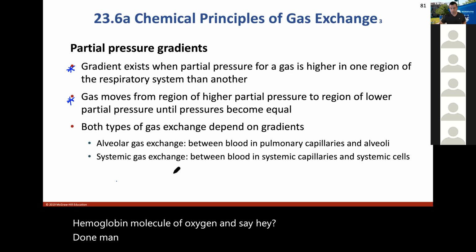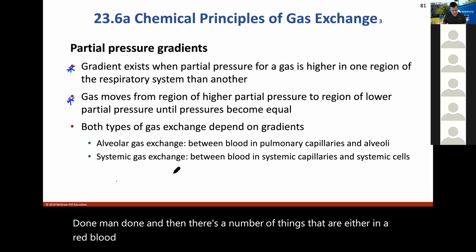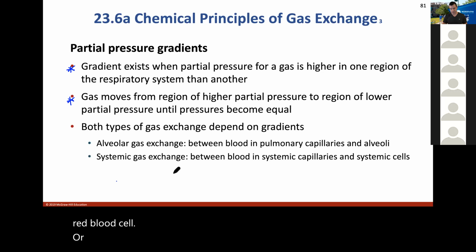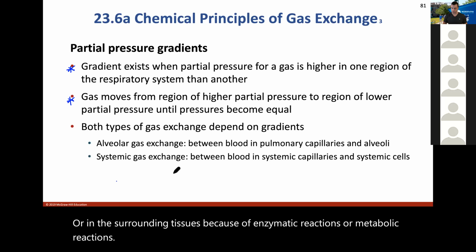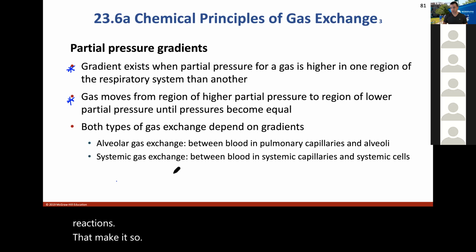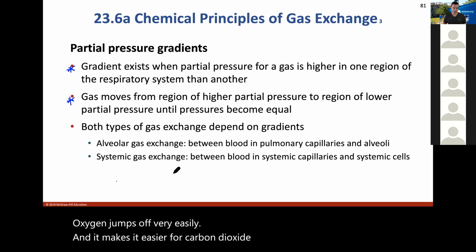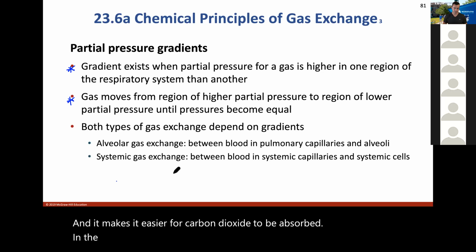And then there's a number of things that are either in a red blood cell or in the surrounding tissues because of enzymatic reactions or metabolic reactions that make it so oxygen jumps off very easily, and it makes it easy for carbon dioxide to be absorbed in the blood with the red blood cell.